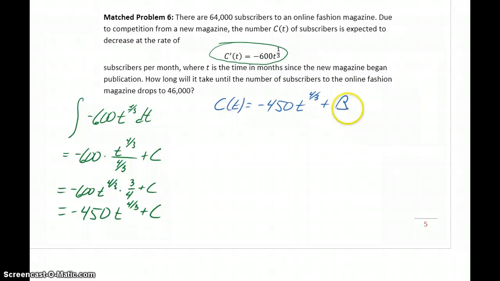So what we need to do is figure out this value for b using the other information in the problem to figure out a value for number of customers at some time. In this case, what we're told is there are 64,000 subscribers. So we can take that to mean there are 64,000 subscribers to our magazine exactly when this new magazine comes into publication.